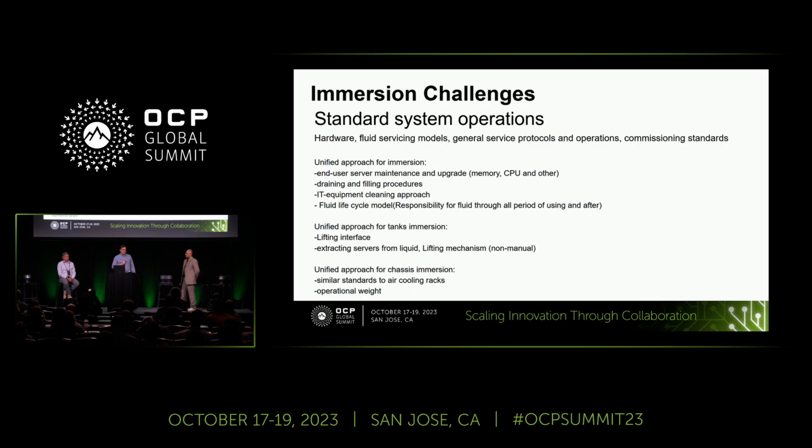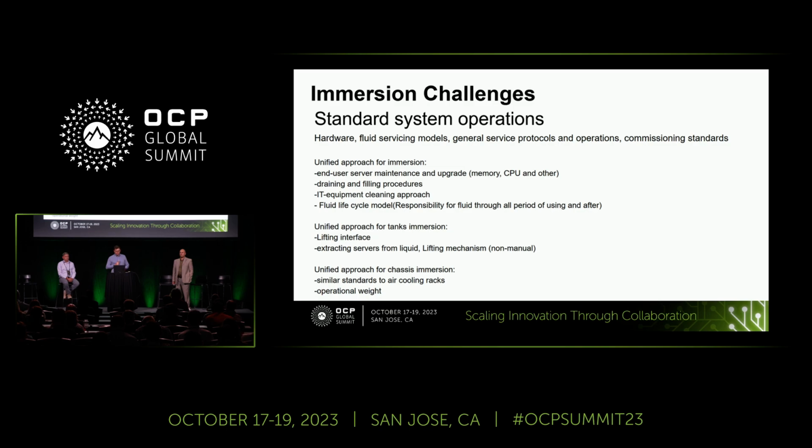So I'm going to discuss just a little bit, and I will hand it over to David, about the work that we've been doing, and we have identified, of course. Standard system operations is a big topic, as you may know. We are discussing hardware, fluid, servicing models and other considerations to bring maturity to the immersion cooling market. In that sense, we are very soon kicking off a new workstream discussing a fluid lifecycle model where we will have a broad representation from the fluid manufacturer side.